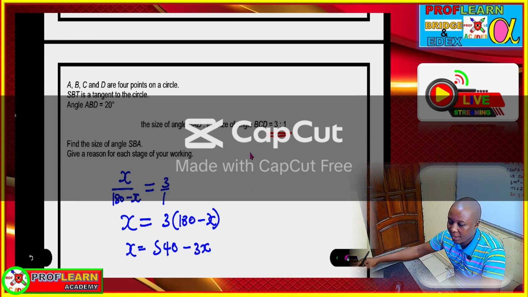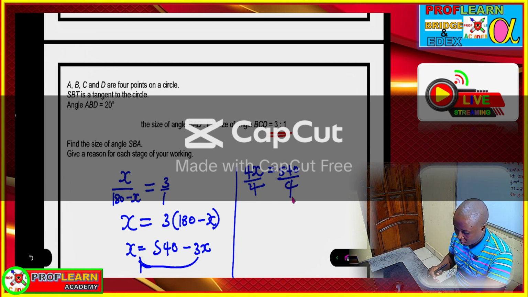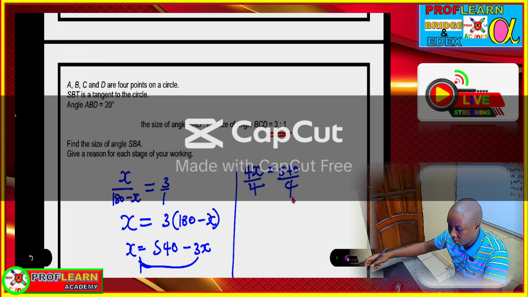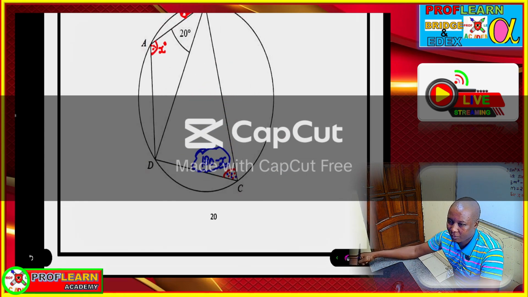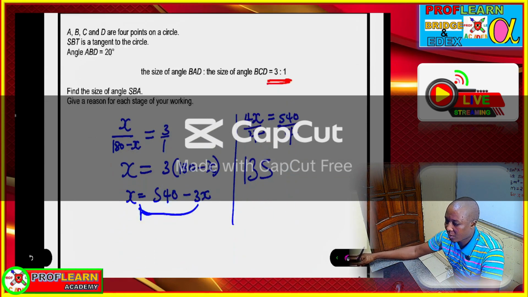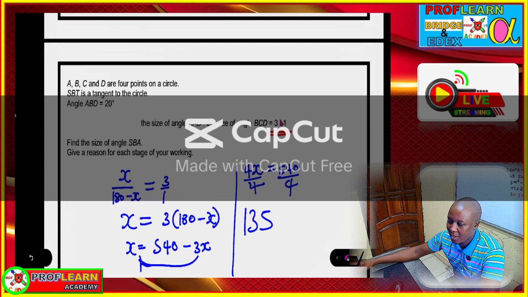If we take this x to the other side of the equal sign, we shall have 4x equals 540. Divide by 4, and we are going to get 135. X is 135.